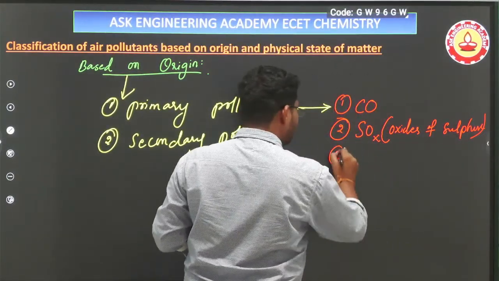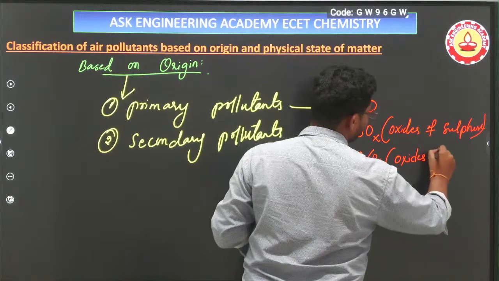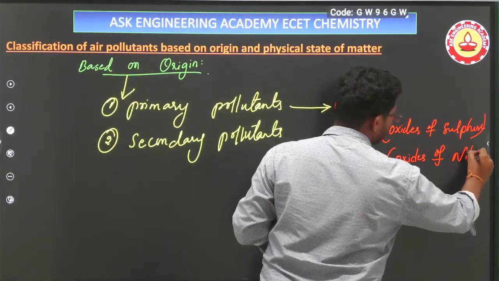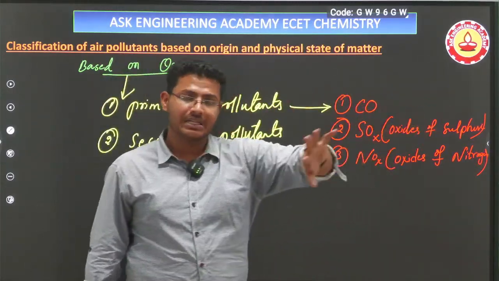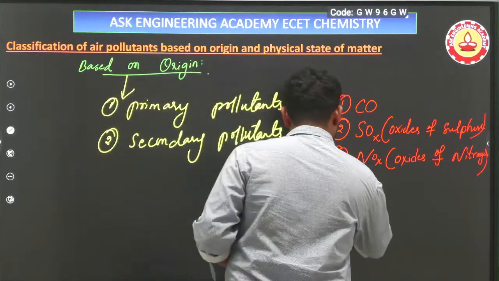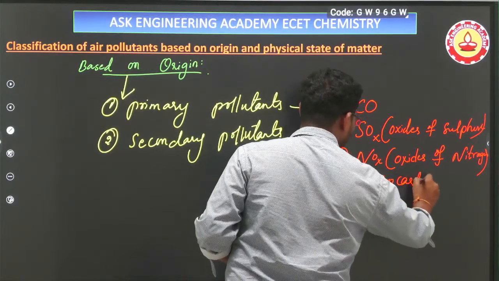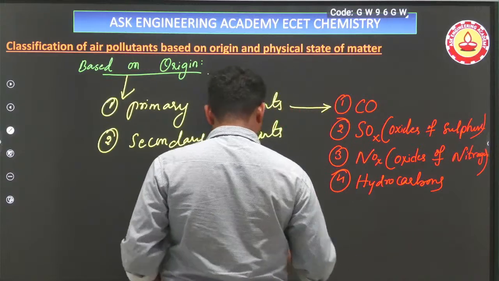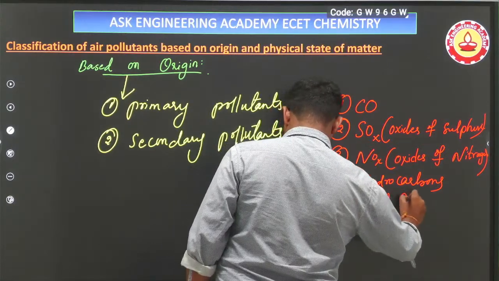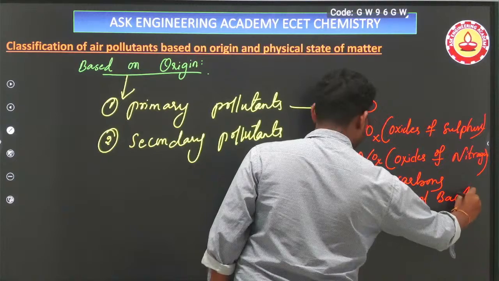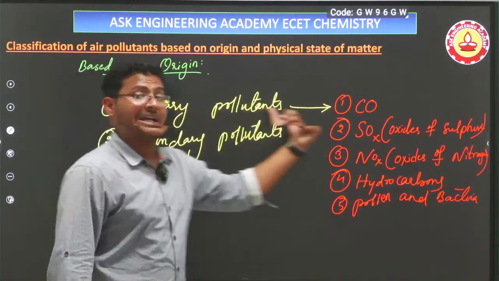Third, NOx, oxides of nitrogen. Fourth one is hydrocarbons, and fifth one is pollen grains, pollen and bacteria. These are the 5 different kinds of primary pollutants.